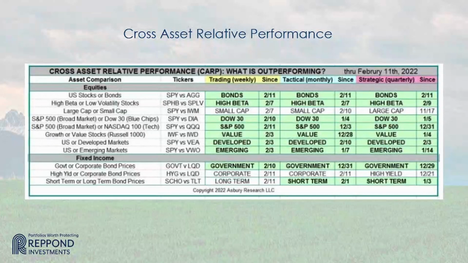Okay, this is a relative chart showing the cross-asset relative performance. So I'll go through this because it shows that from a performance standpoint, now I'm going to shift back from flow of money over to performance. Which one is better, this or that?